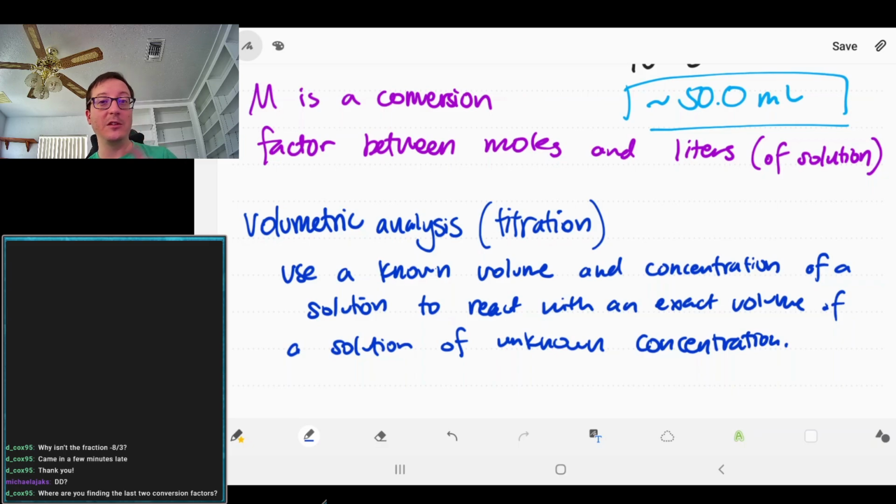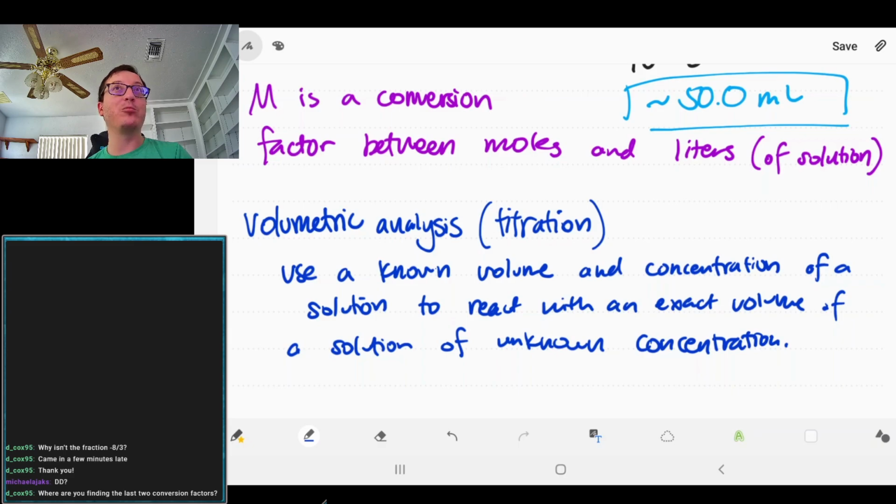And so they will use an exact volume of your blood, however much they need. They will use a known concentration of some other solution, and they're going to react that until all your ethanol has reacted in your blood, and then they're going to be able to calculate how much was in your blood and say, okay, you're below 0.08, so you're good, or you're above and now you're going to jail. So one of the two.